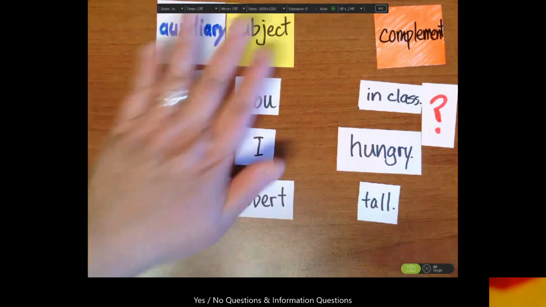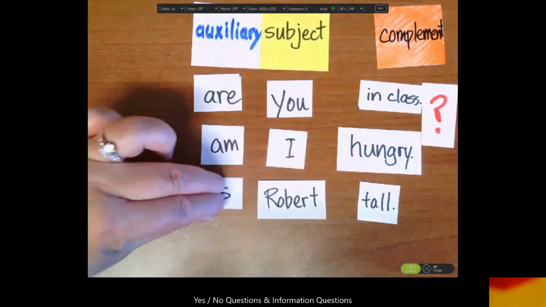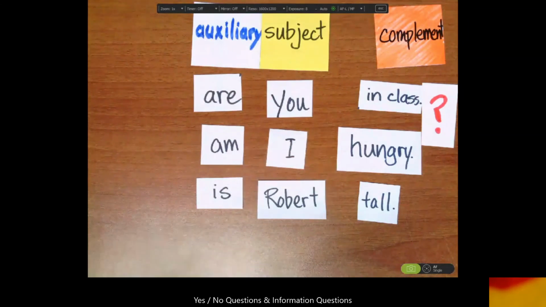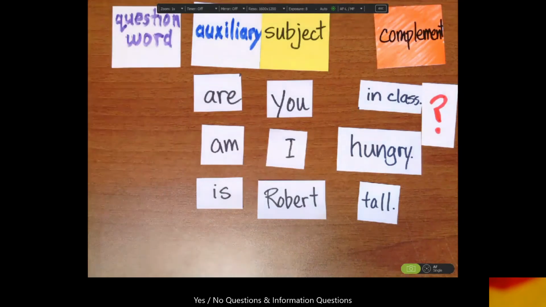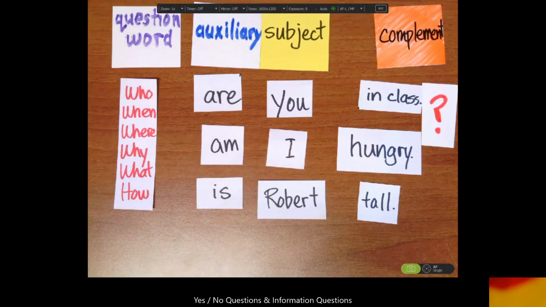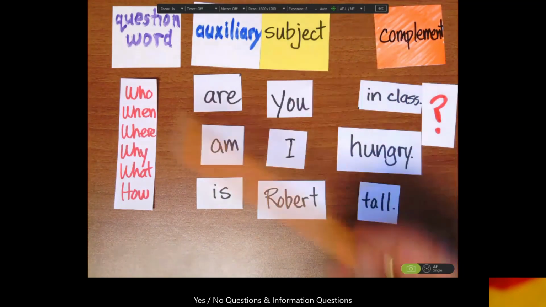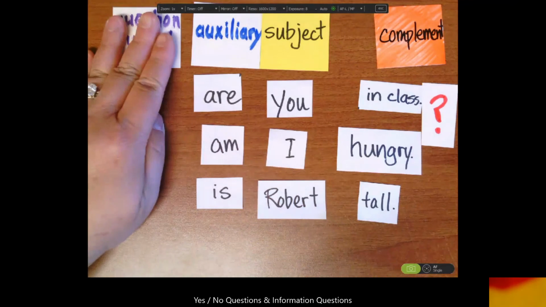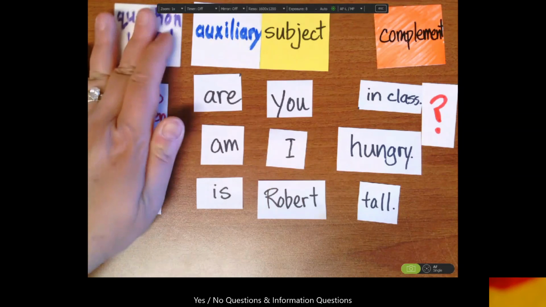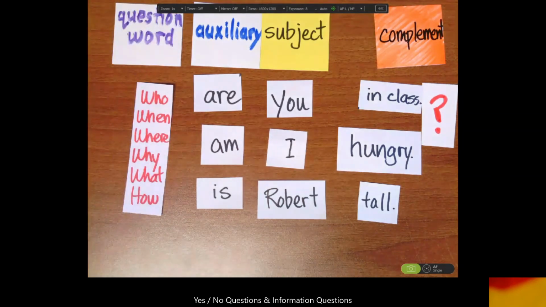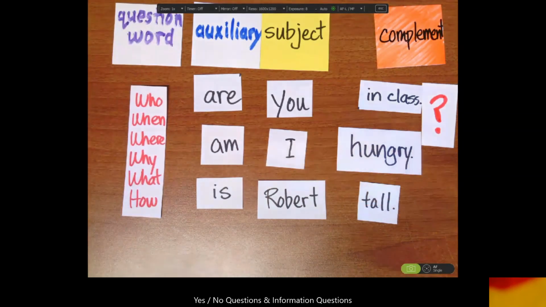Now, what we can do is we can make information questions by adding a question word like we did before. So here are the question words. And you see, I didn't touch this at all. It has stayed the same. You see how they are still yes/no questions? Now we're going to make them into information questions. And we can use, obviously, not all the words, but some of the words that will be logical to make a question.